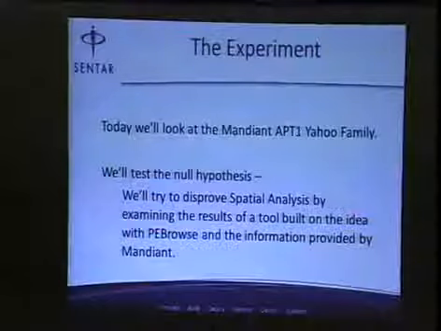So I really love when we do demos, and so that's what we're going to do today. Today I want to look at the Mandiant APT1 Yahoo family. I needed families that had a lot of information on them and looked really pretty in front of an audience, and so I picked this one. We'll test the null hypothesis.